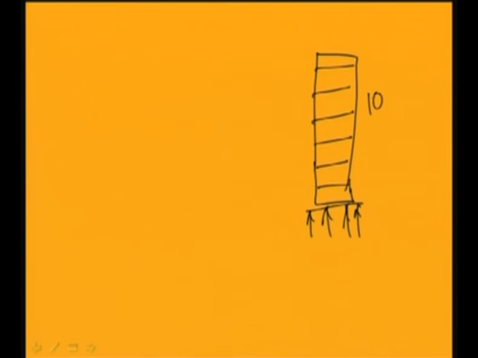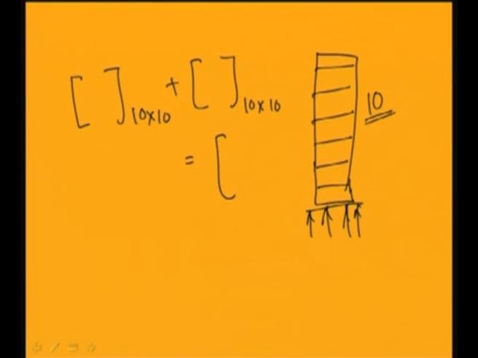Let us take a 10-storied building. Here the mass matrix and stiffness matrix can be written in this form. The mass matrix will be a 10 by 10 matrix, and the stiffness matrix will be a 10 by 10 matrix. It is subjected to some forcing, let this force vector be F.